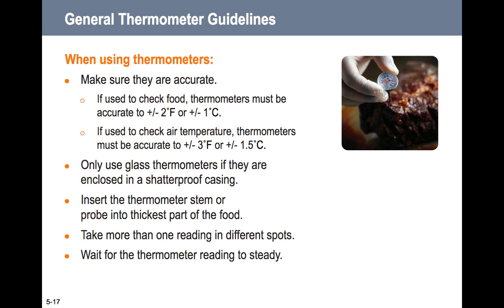Only use glass thermometers if they are enclosed in a shatterproof casing. Insert the thermometer stem or probe into the thickest part of the food. Take more than one reading in different spots, and wait for the thermometer reading to steady, or basically hold a position.